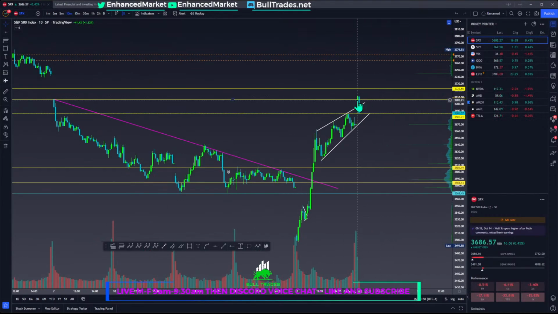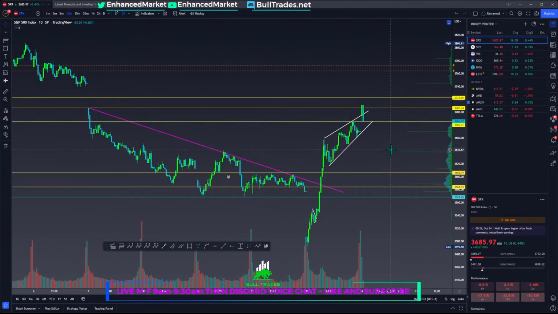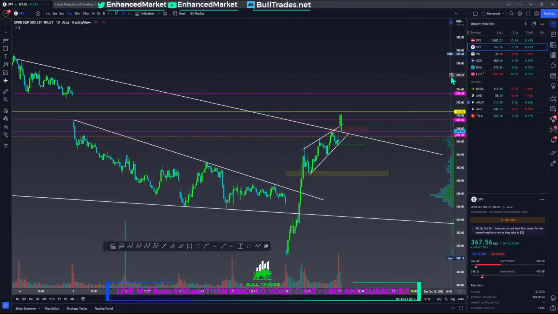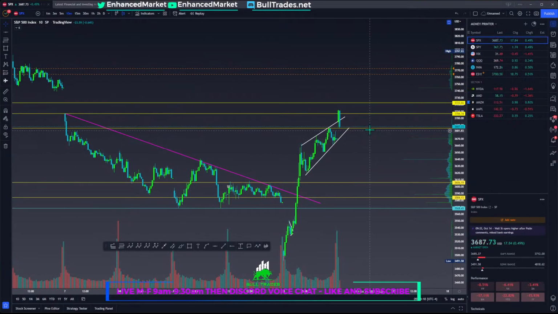Right, so again, look how that rejected. Testing the support here.